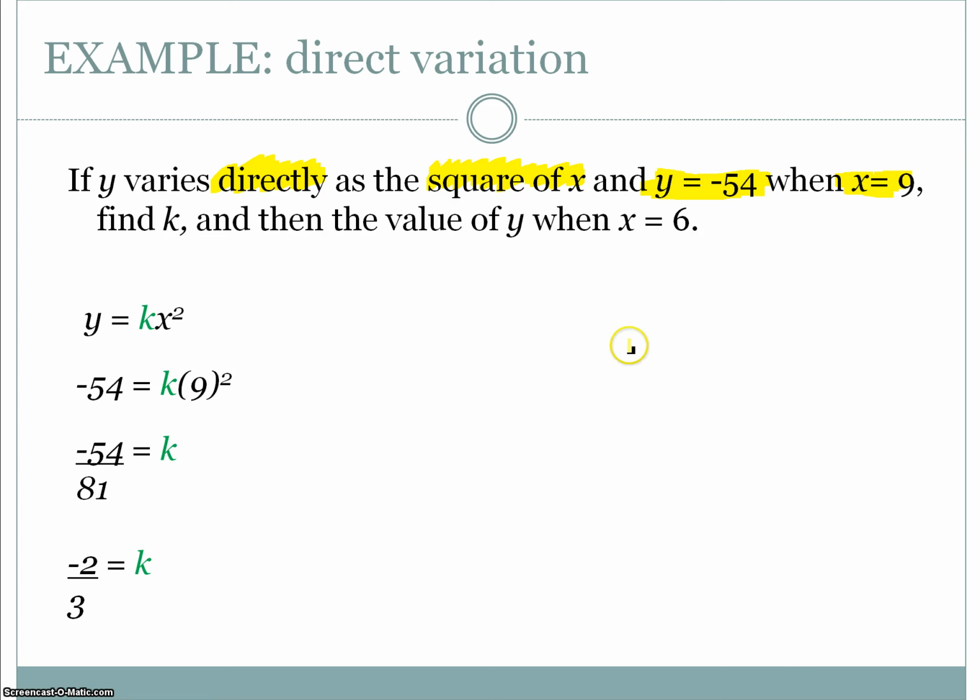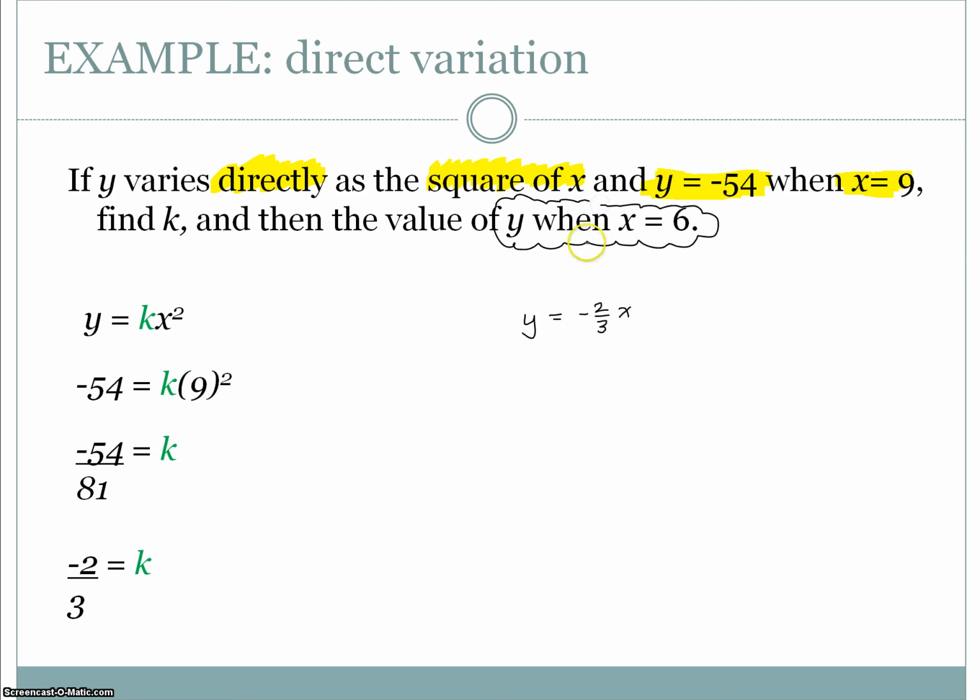So now that I know what k is, now I know that y and x vary with a common constant ratio of negative 2/3. So y is negative 2/3 times x squared. As soon as I know the relationship between x and y, now I can use it to work out the second part of the problem.